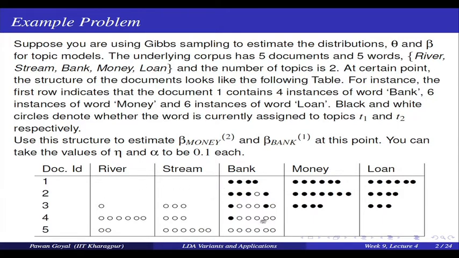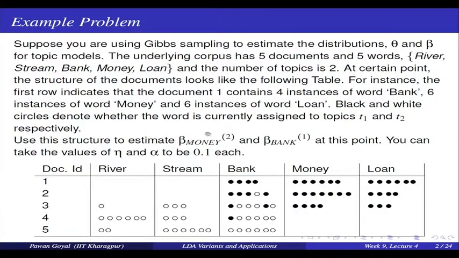So the first row indicates that document 1 contains 4 instances of the word bank, 6 of the word money and 6 of the word loan, and black and white circles are topics T1 and T2. Now your task is to use this structure to estimate different parameters of your model.